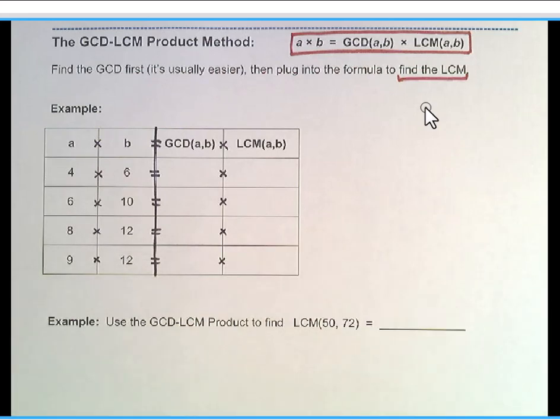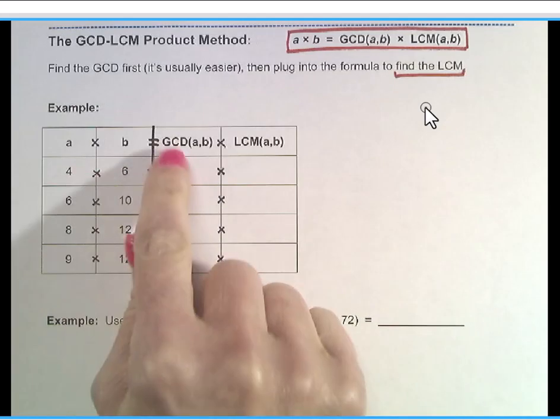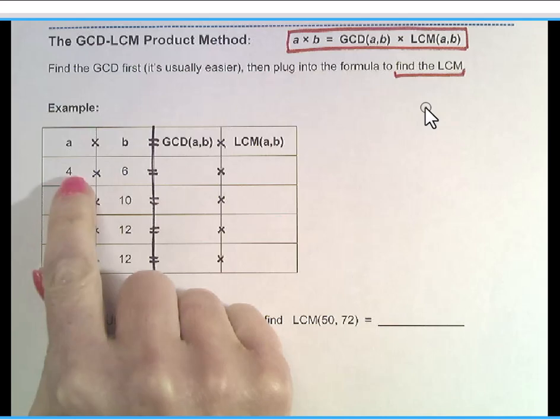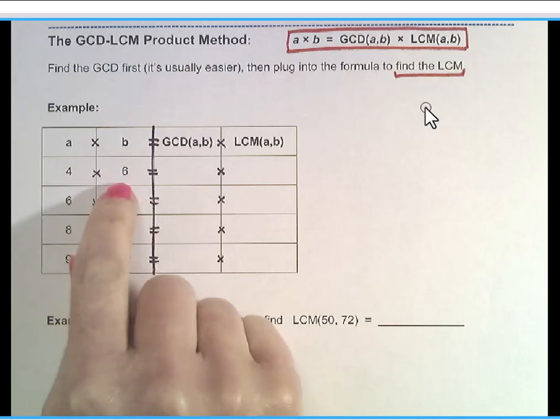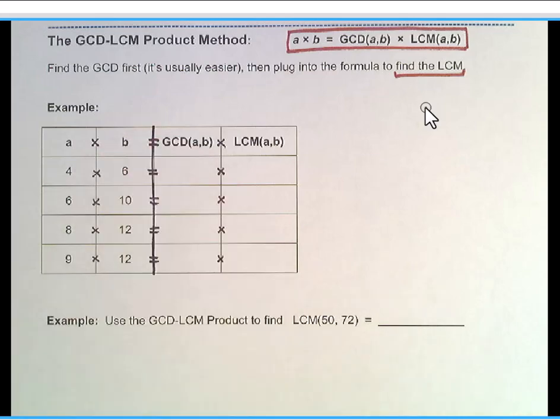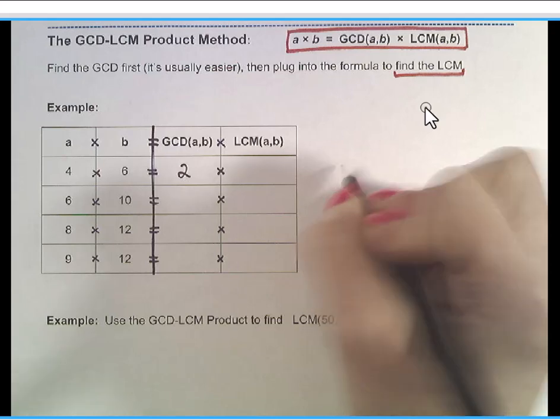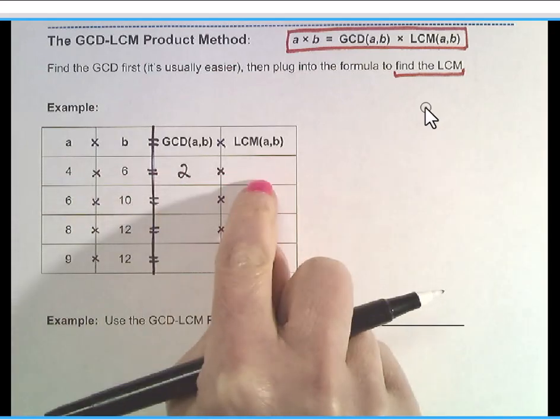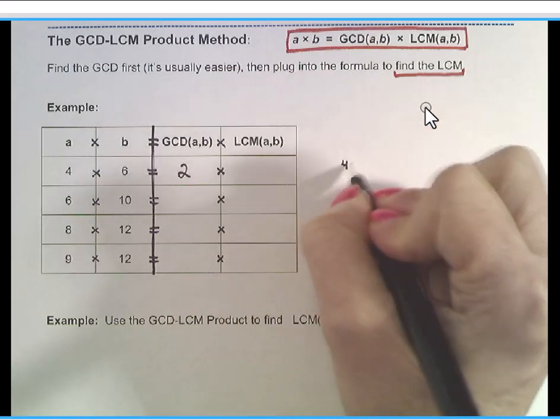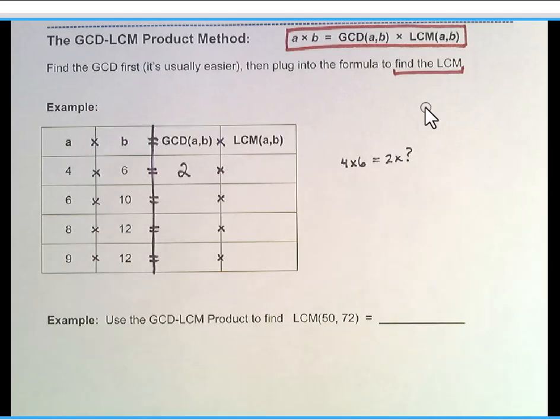So let's just see if we can figure out what the GCD is. Let's do the first line here. What is the largest number that will divide into 4 and 6? The biggest number that will divide into 4 and 6 is 2. So we have 4 times 6 equals 2 times I don't know.